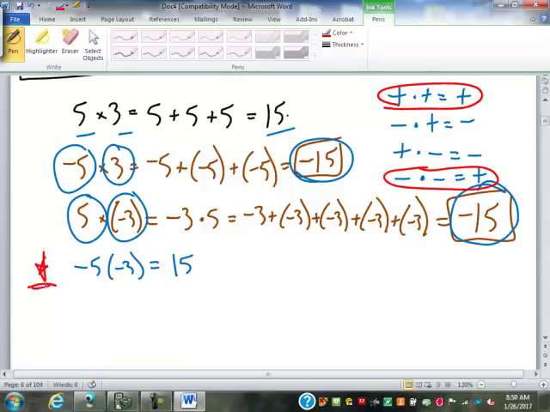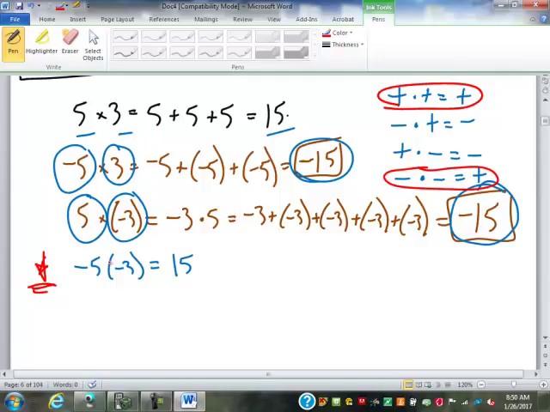I want to talk about this one a little bit more, though. I have negative 5 times negative 3. That's saying either I take negative 5 and add it together negative 3 times, or if I switch the order, I take negative 3 and add it together negative 5 times. Can I do either one of those?